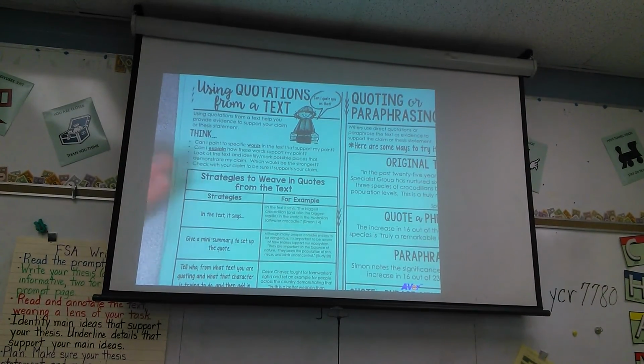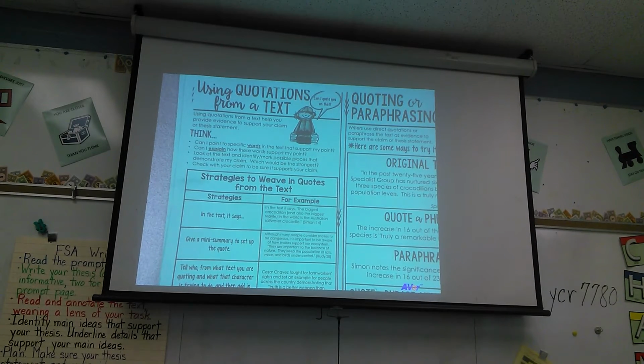And remember, the reason why we use quotes, the reason why we cite text evidence is to basically support our main idea. These are the details that support our main idea. These are the details that help to convince our reader, or to help our reader understand what we're talking about.